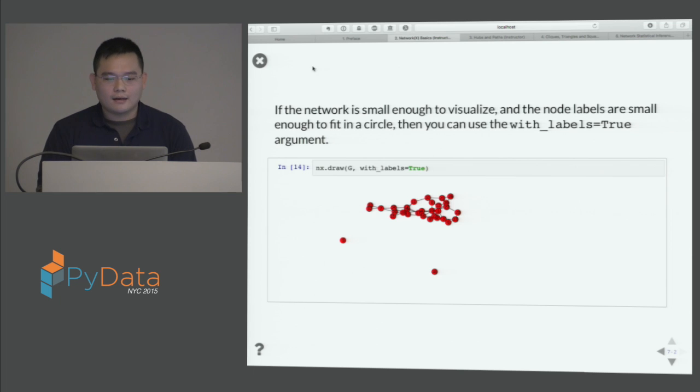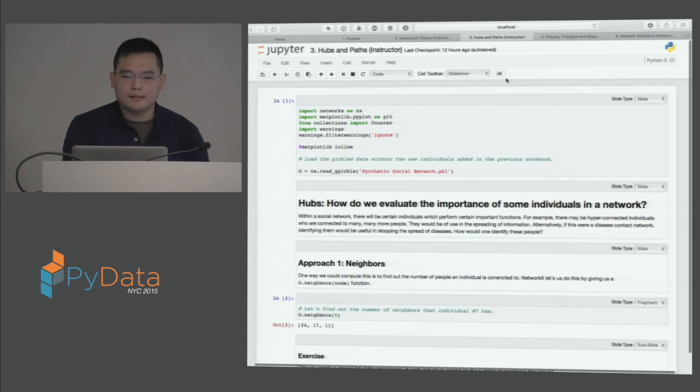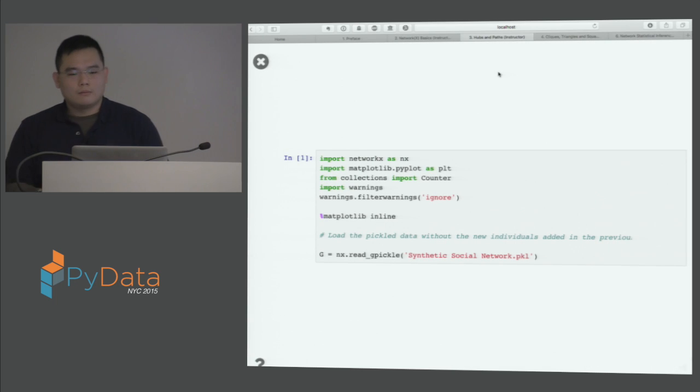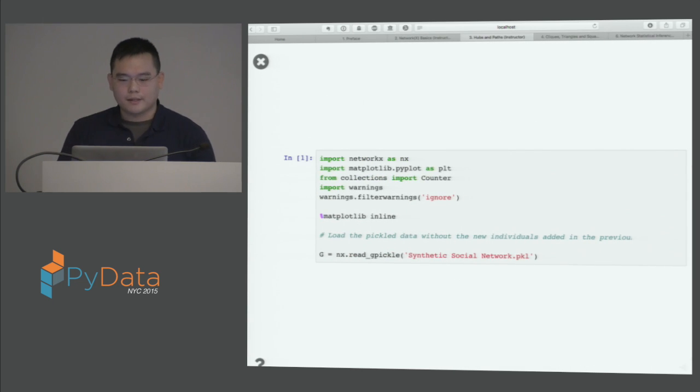OK, so with that, let's close up Notebook 2 and open up Notebook number 3. Please run that first cell before we continue.